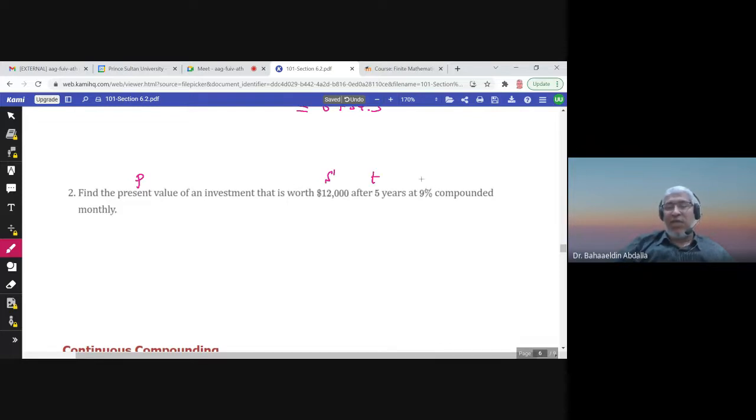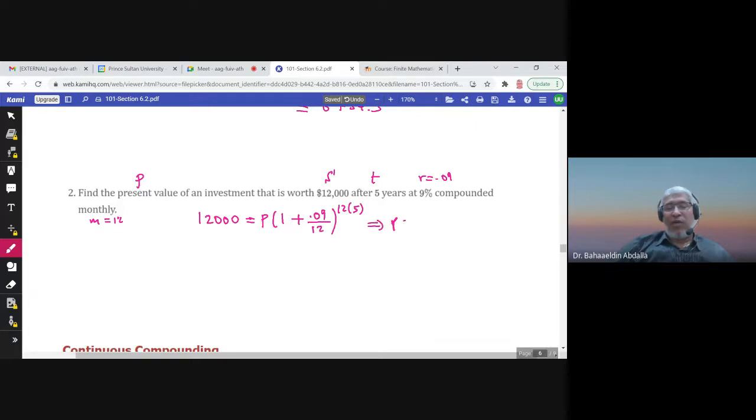Find the present value, so that's P, of an investment that's worth, so this is S, 12,000 after 5 years, this is T, at 9% compounded monthly, so M is 12. P is unknown, 1 plus I is 1 plus 0.09 over M, to the power N, which is M times T. Now, how to find P?